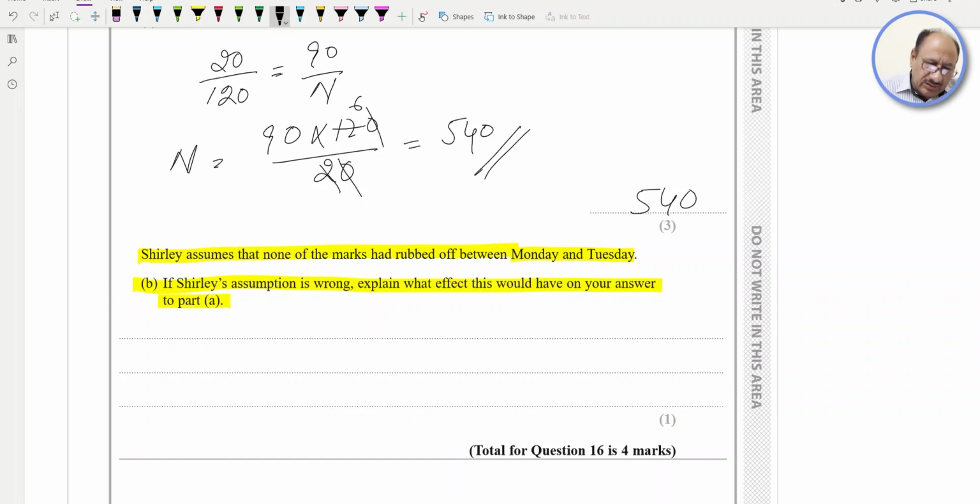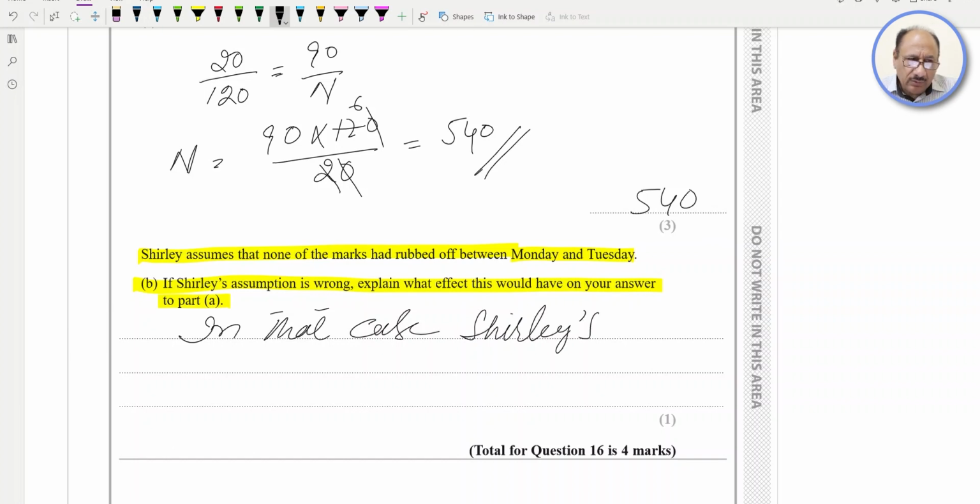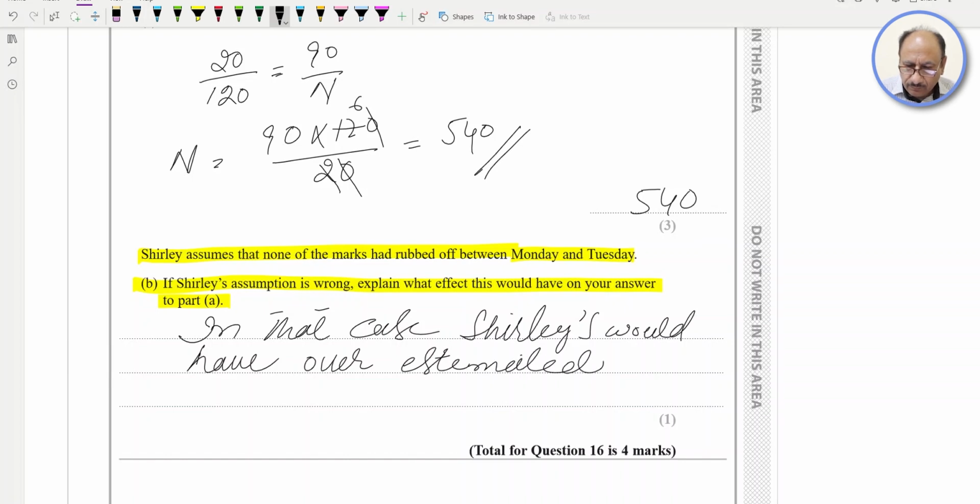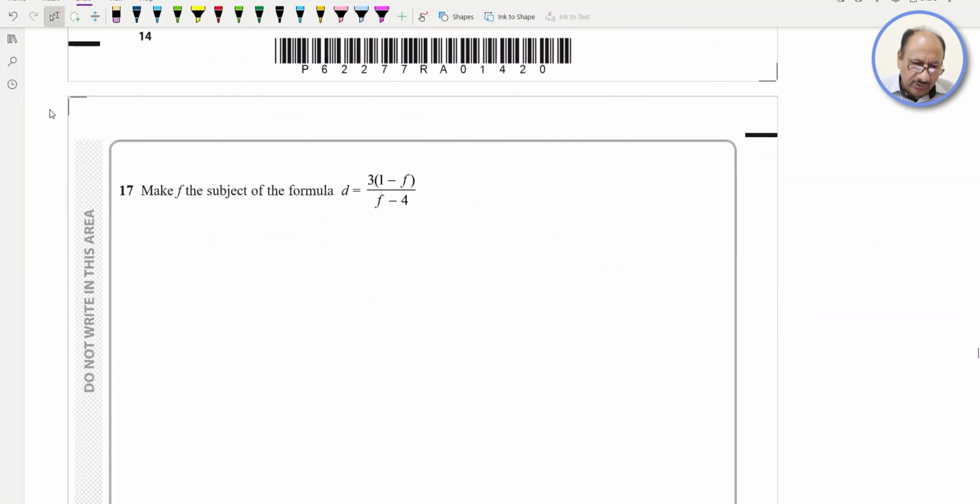So we can write in that case Shirley would have overestimated. So this is only 1 mark. The reason we have provided our opinion also.